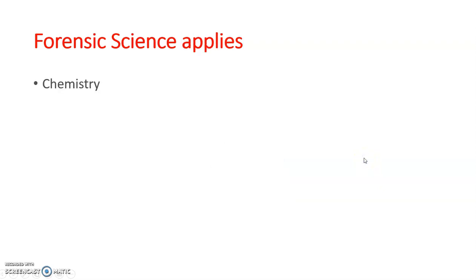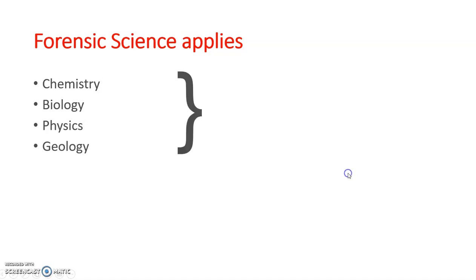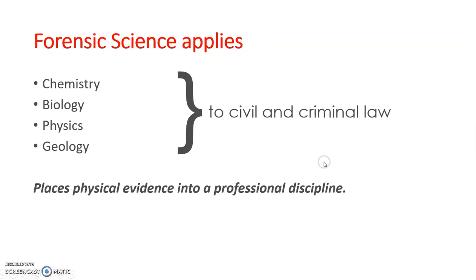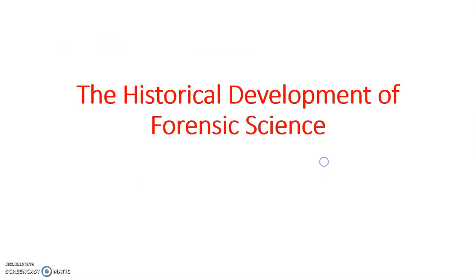And we use the disciplines of science of chemistry, biology, physics, geology, all of which combine to look at this and apply to the civil and criminal laws of our system. So it's where science is incorporated into our legal system, is how I always look at this. And it allows us to place physical evidence into a professional discipline.